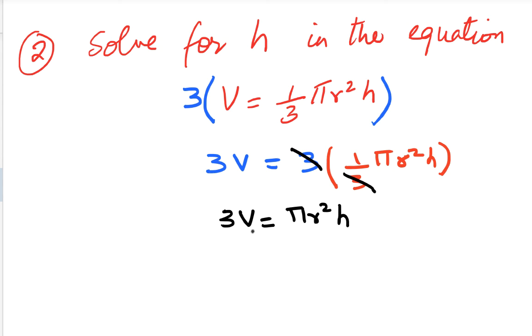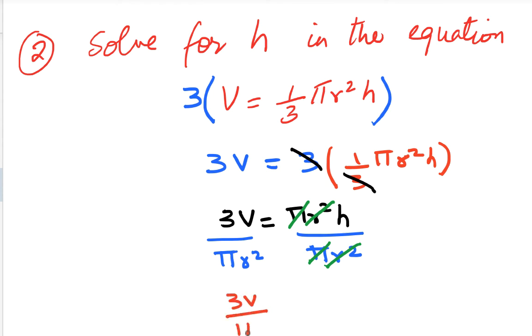We're going to divide this whole equation by πr². When we do that, notice we can cancel on the right hand side the π and the r². So our final answer is 3V/(πr²) = h.